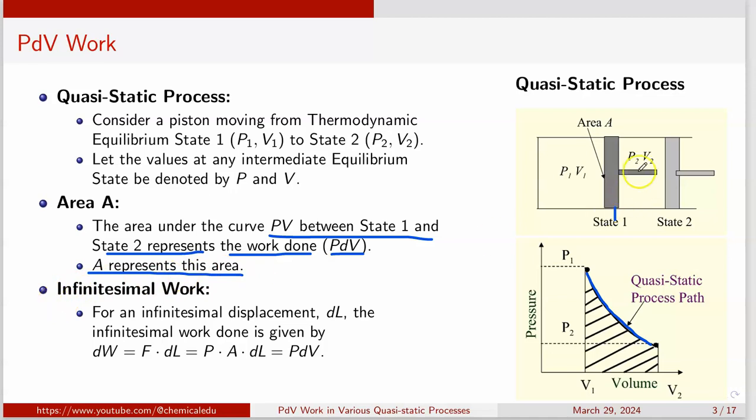As it is a quasi-static process, for an infinitesimal displacement dl, the infinitesimal work done is dW equals F into dl, that is P into A into dl, which is nothing but PdV.